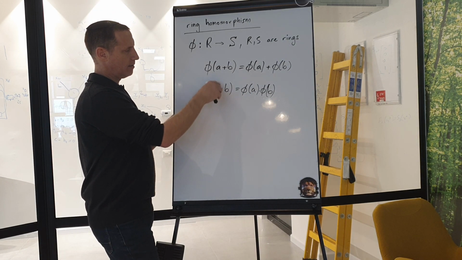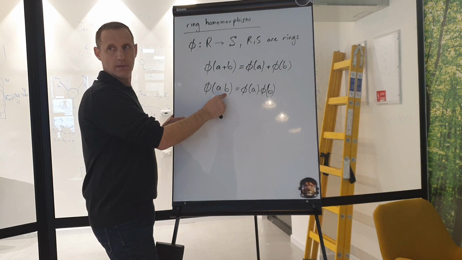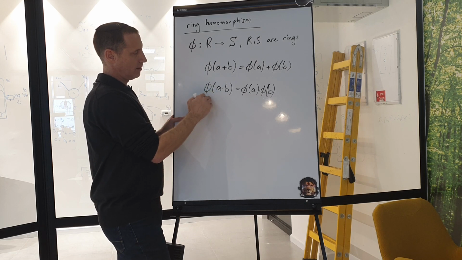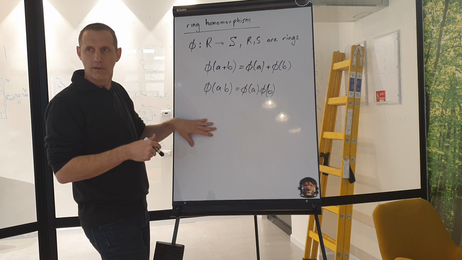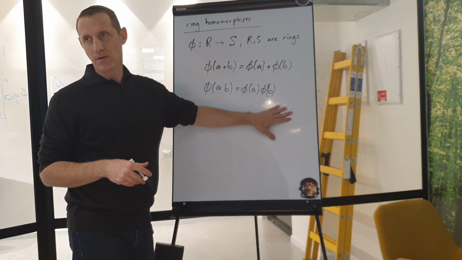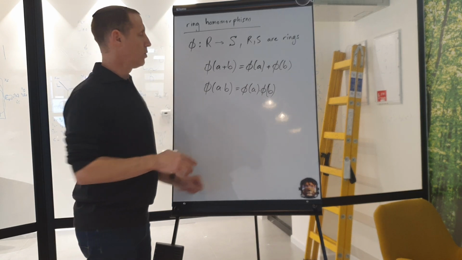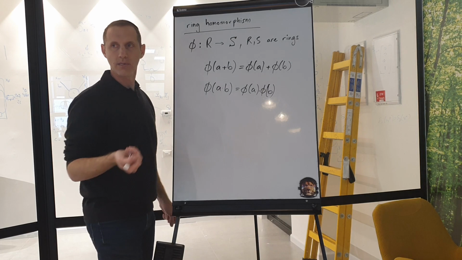Here, if A is the identity, if I substitute A with the identity, right? Then I would get phi of AB equals phi of B on this side, right? Because of the identity. I need to get the same thing here. So whatever A is here, phi of A has to act the same way.